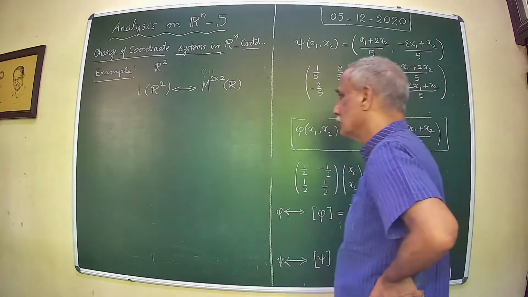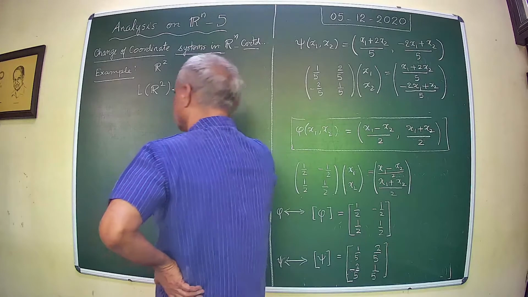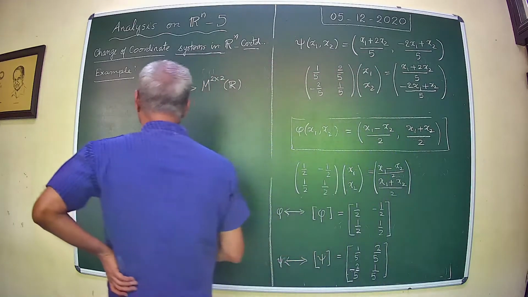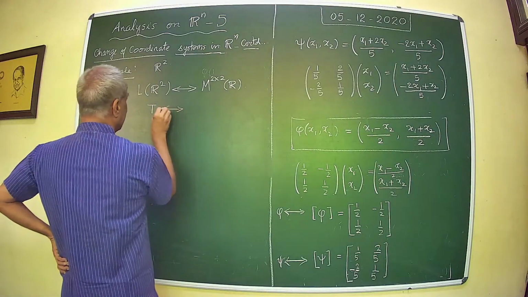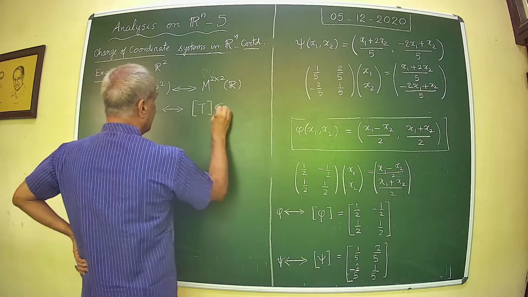This is a linear transformation. So what you have is that T is identified with a 2 by 2 matrix T.